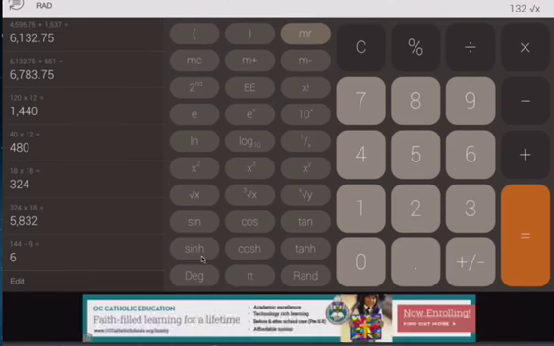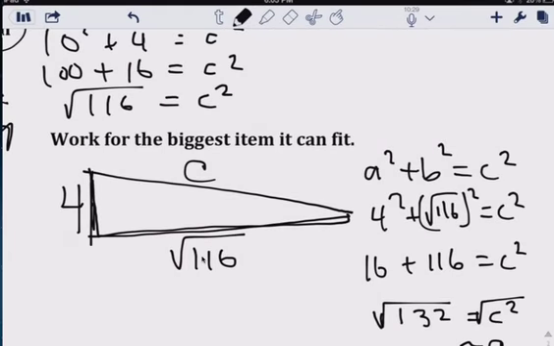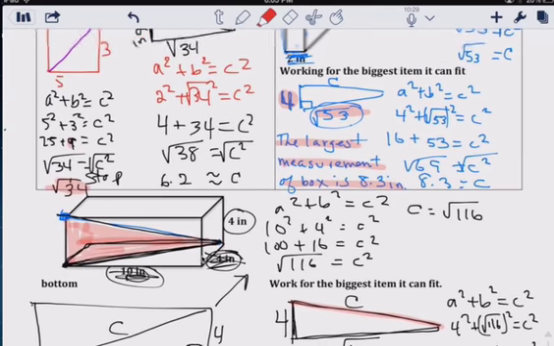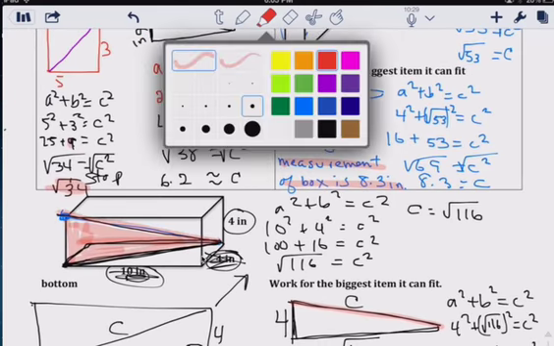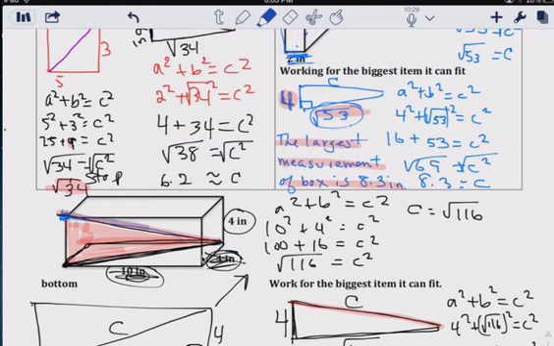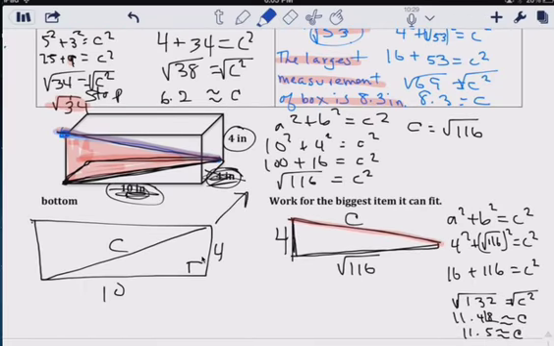So if it's 11.48, that's an 8, you round up, so 11.5 is about C. So the string or the piece of wood that you put in your box that we did today, the string that you try to fit into the box, that is 11.5.